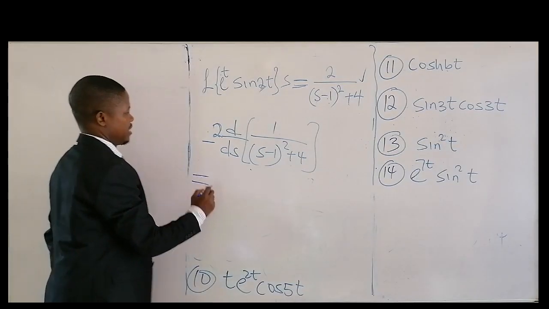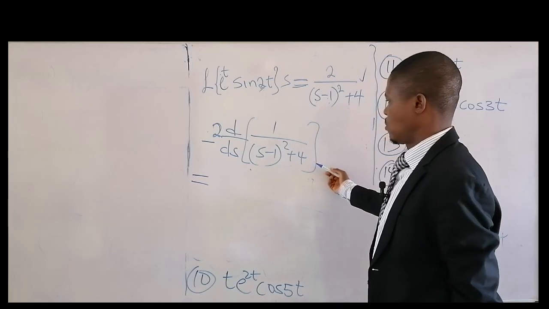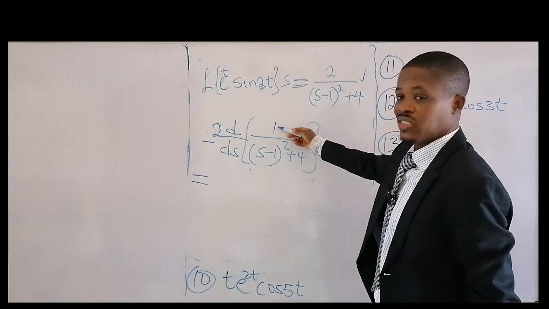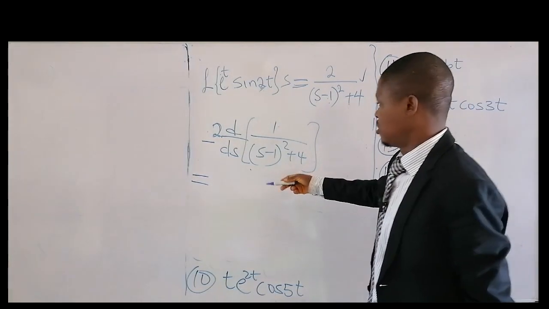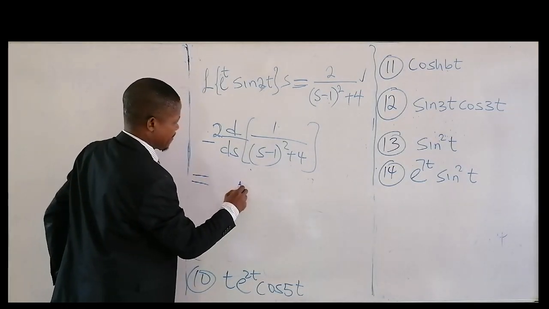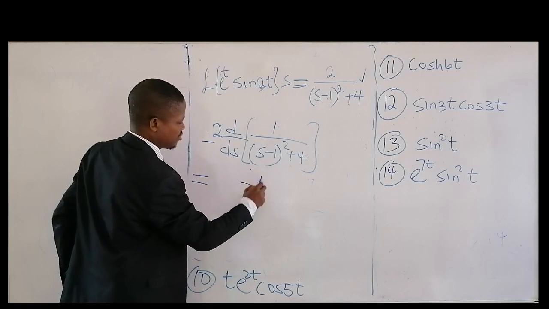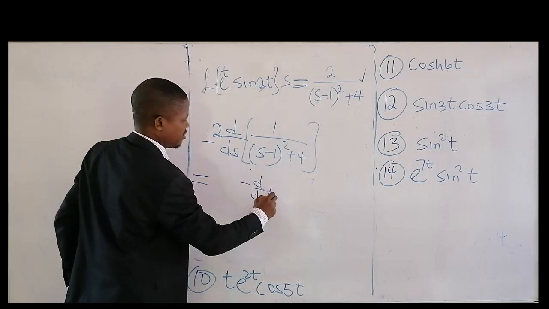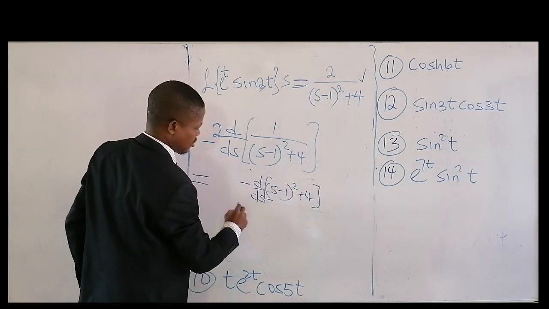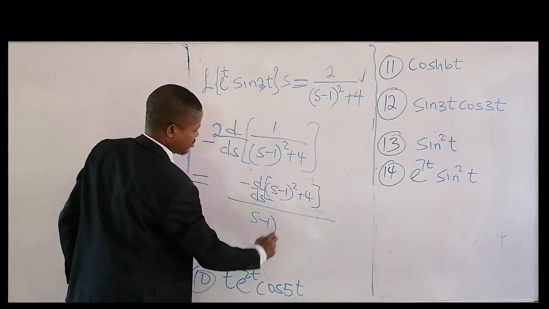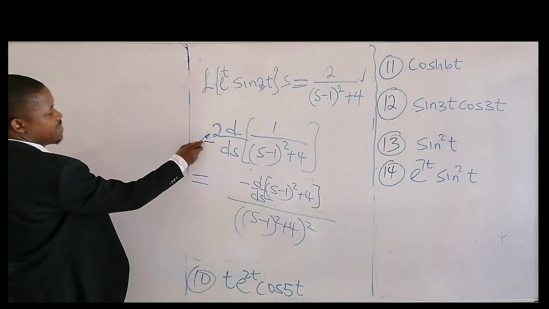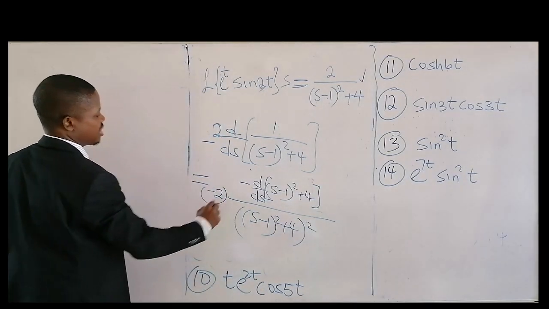To differentiate this, when you have a fraction whereby your numerator is 1, to fasten that differentiation, the formula will be minus d dx of your denominator, all over the denominator all squared. And don't forget, already you have minus 2 outside here, so don't forget your minus 2 here.